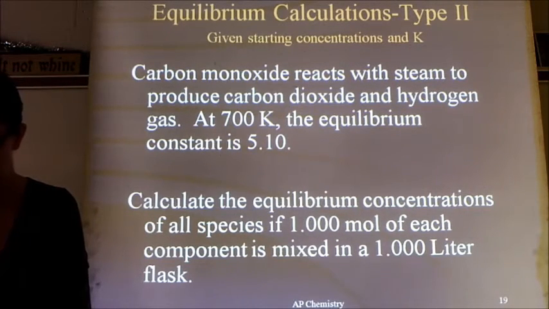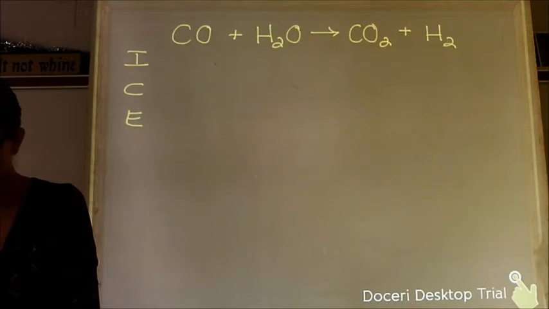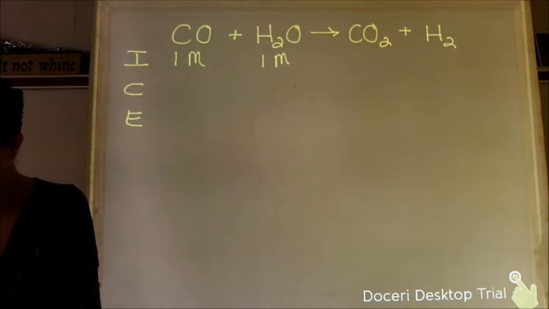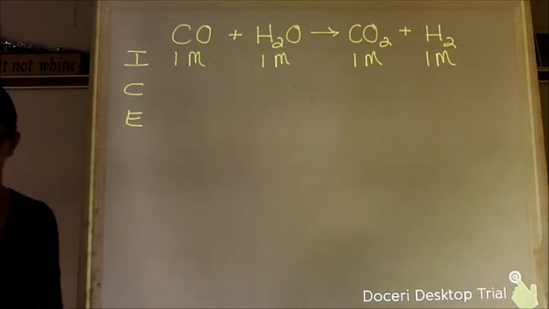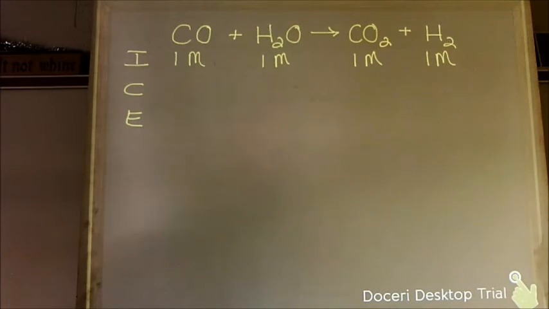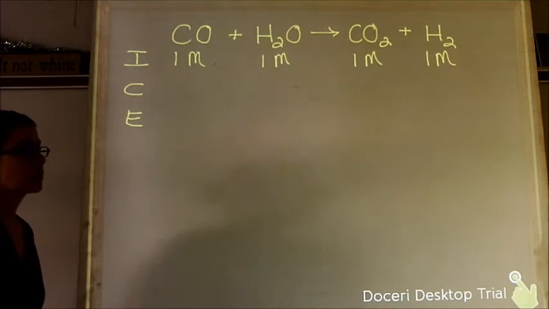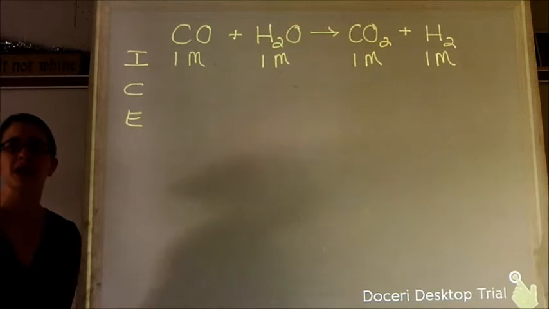So everything is 1 mole. Here's a situation where I don't have to make an assumption of is it going to shift to the right or the left. I kept the numbers really easy.